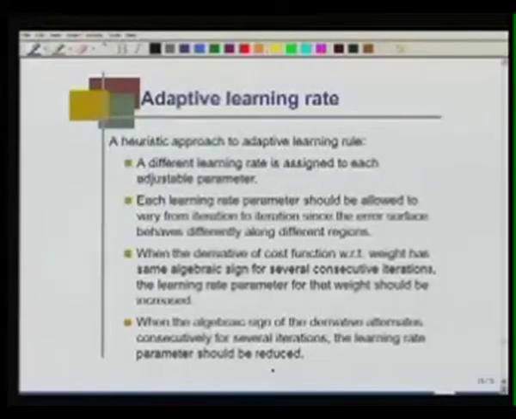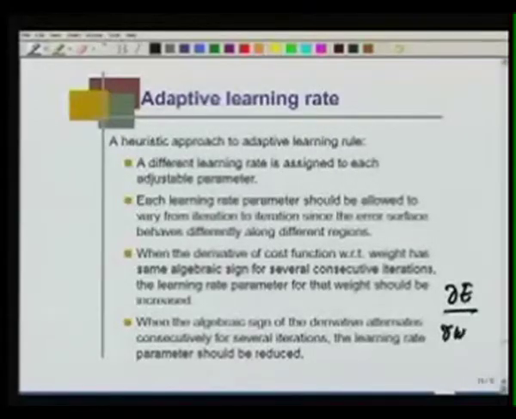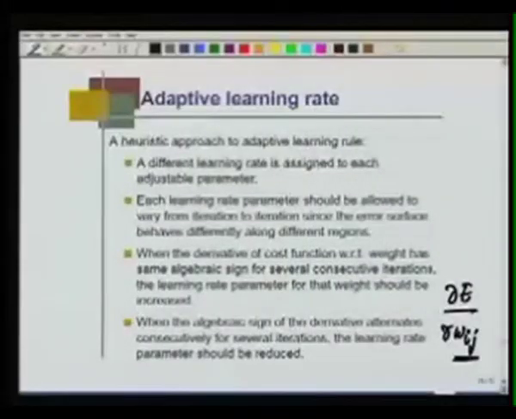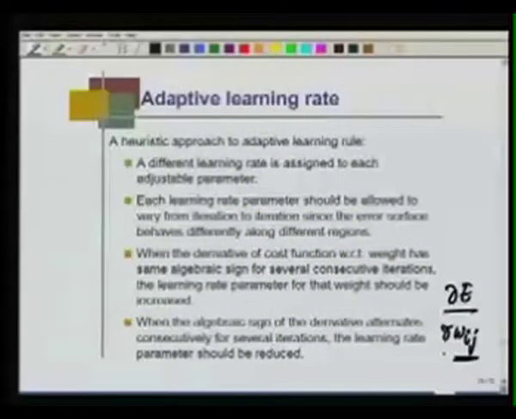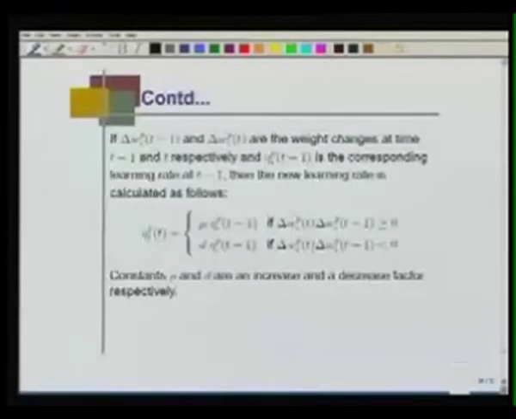So, what I am talking about now: we always compute del E by del Wij, where Wij is a typical weight. If this derivative is constantly positive, then for that particular Wij I increase the eta, and if this derivative alternates, sometimes positive then negative, positive negative, positive negative, then I decrease it. This is the heuristic we introduce, and based on that heuristic, this is my adaptive learning rate.